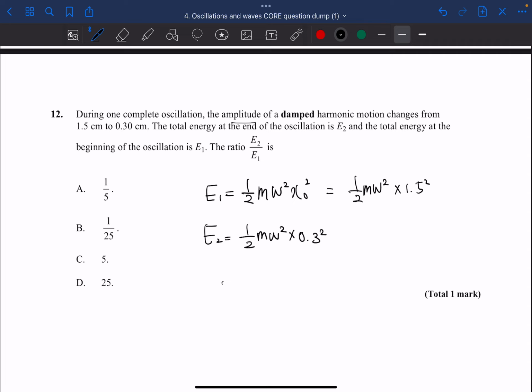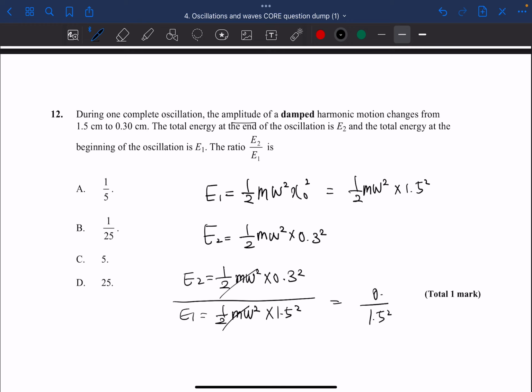So it's E2 over E1 like this. So these cancel out, so 1.5 squared over 0.3 squared, so it's squared, so 1 over 25.